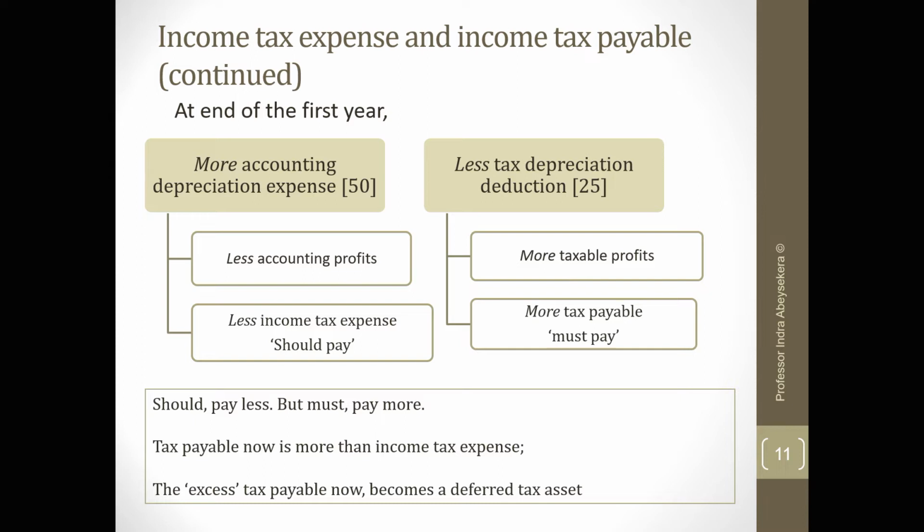When we pay more because the tax office asks us to, we will save money on future taxes because we don't have to pay more in the future; we are paying more now and we will pay less in the future. So because of that saving, the difference in this instance is called a deferred tax asset.